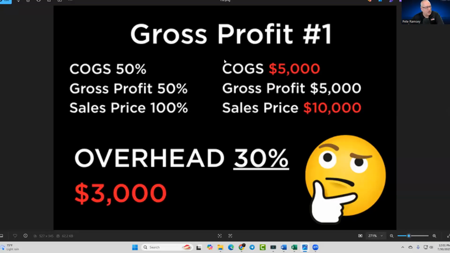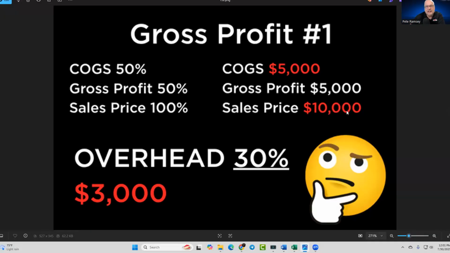Here's an example of a gross profit calculator. So if my COGS, I'll add up all my equipment, materials, and labor, and it cost me $5,000 to do it, I would divide that by my desired GP of 50%, which would be $5,000, and would be a $10,000 job. Okay.